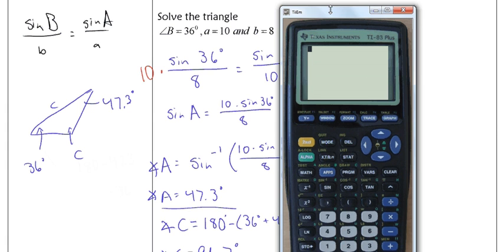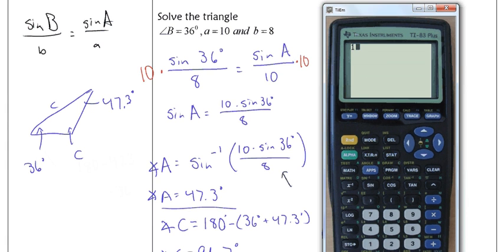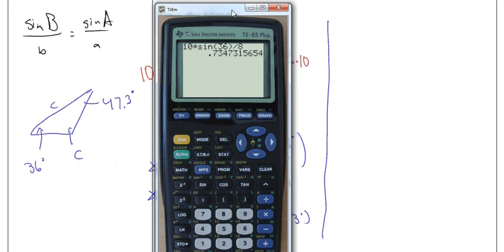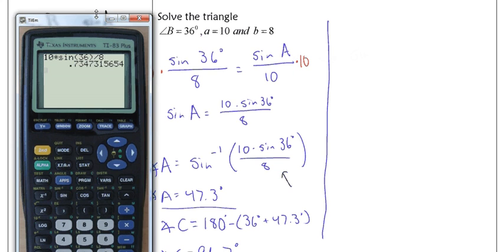So what is 10 times the sine of 36 degrees, all divided by 8? It's right around 0.734. Okay, so 0.73, we'll round up to 5. This is right around 0.735, yeah.